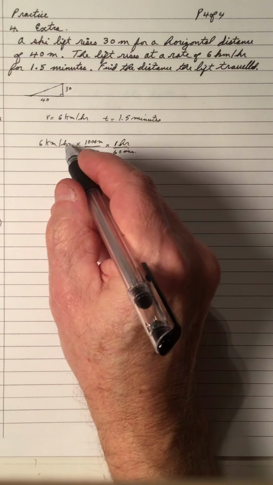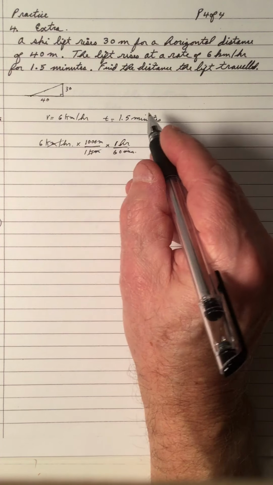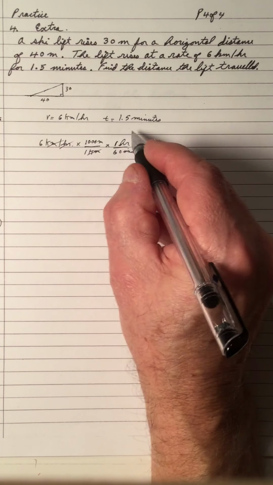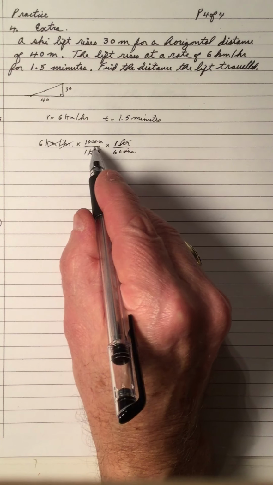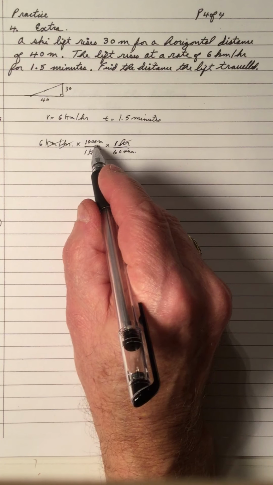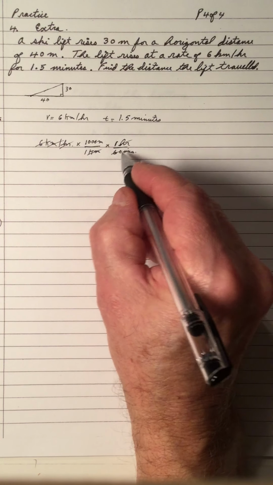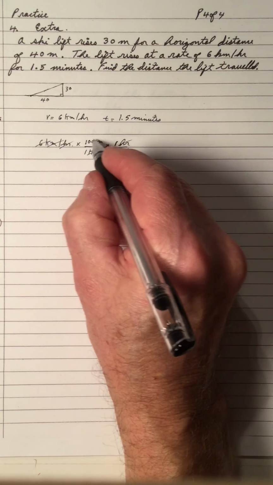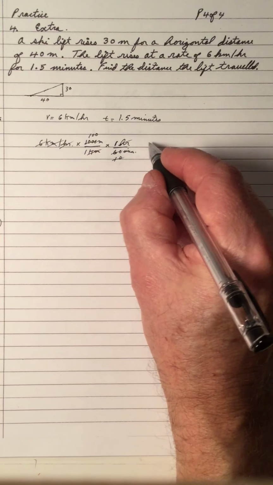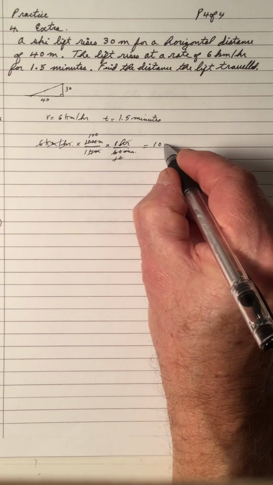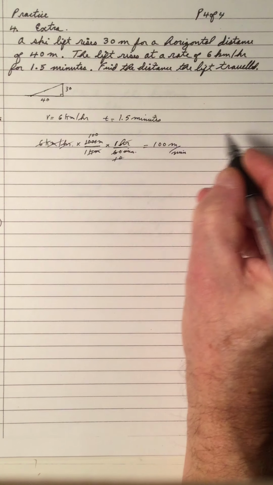So notice the kilometers cancels out and the hour on the bottom cancels out. So the only unit we have left now is meters per minute. So 6 cancels into 60 10 times. 10 cancels into 1,000 to give you 100. So what we have right now, the conversion is 100 meters per minute.